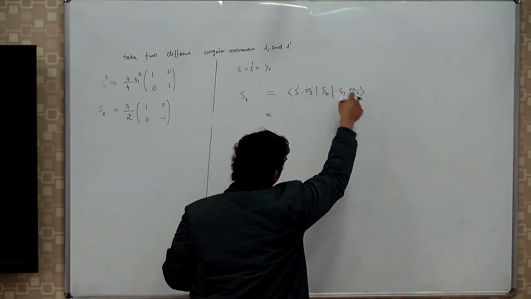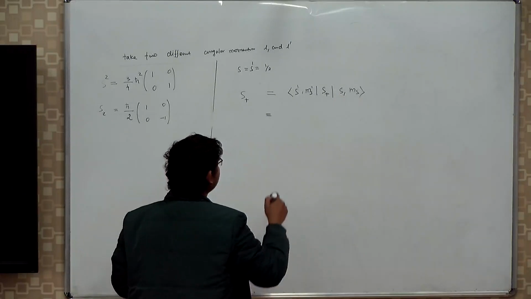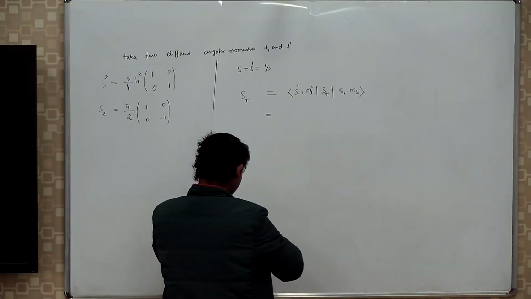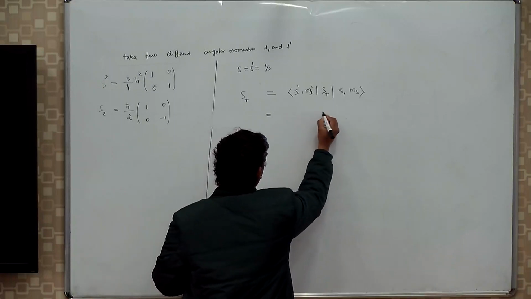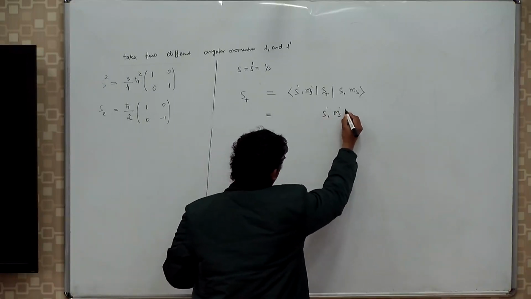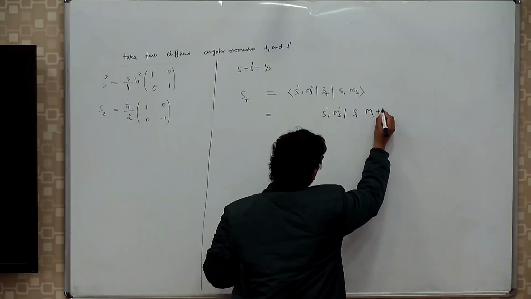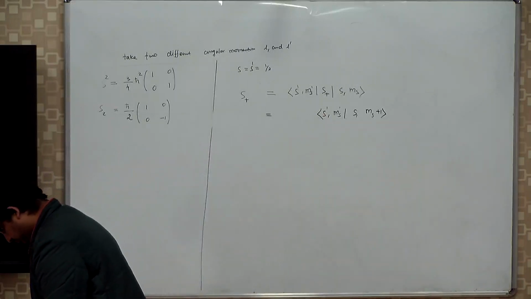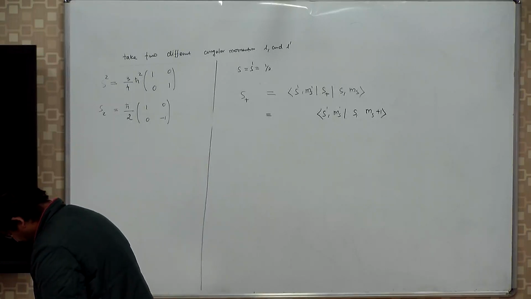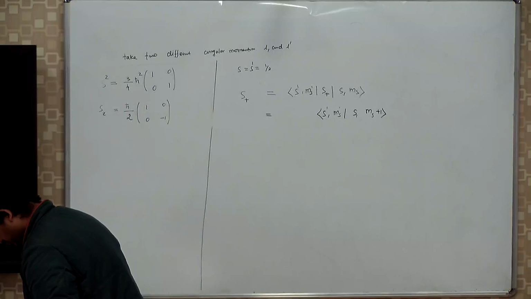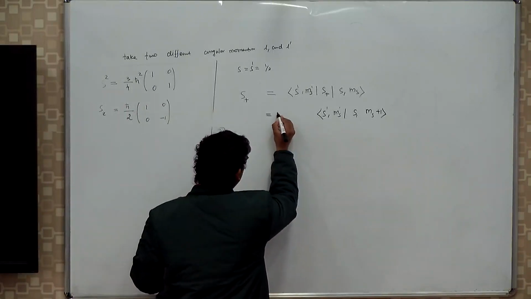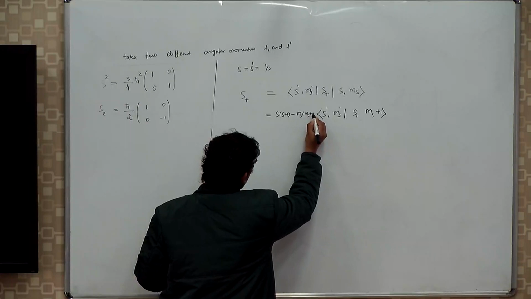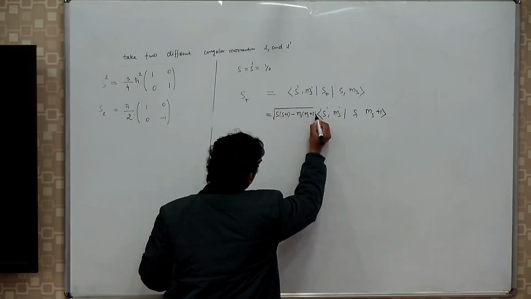When the raising operator acts on this state vector |s, m_s>, we will get <s dash, m_s dash | s, m_s plus 1> with the eigenvalue under square root of s(s+1) minus m_s(m_s+1), times h cross.